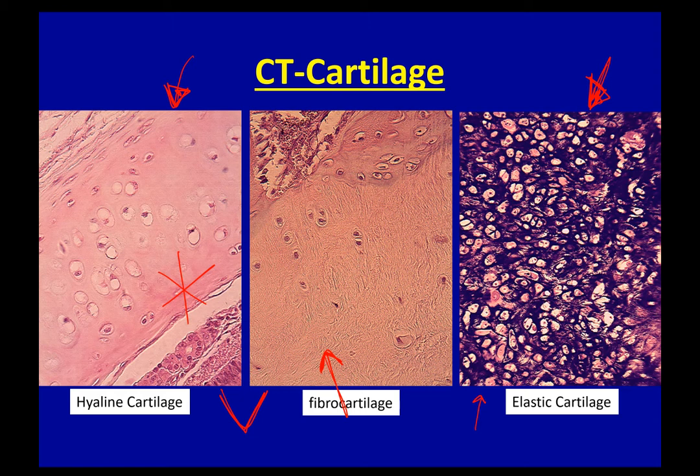As far as the type of tissue, all three of these are going to be connective tissue. Again, you've got four options. If I ask you to identify the slide, this one would be hyaline cartilage, this one would be fibrocartilage, this one would be elastic cartilage.